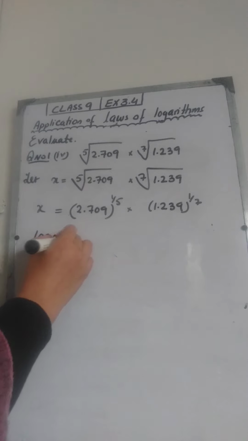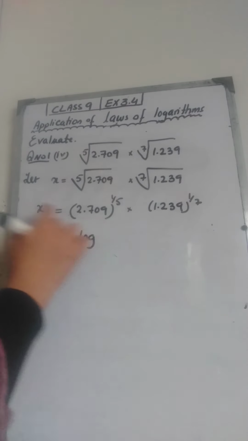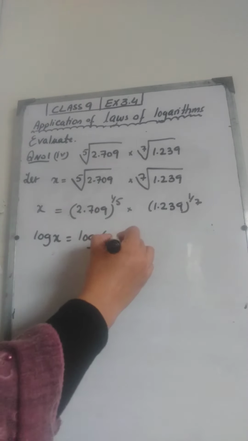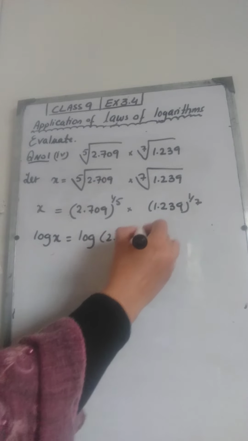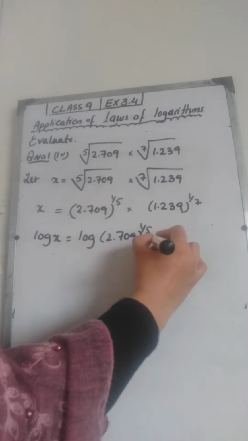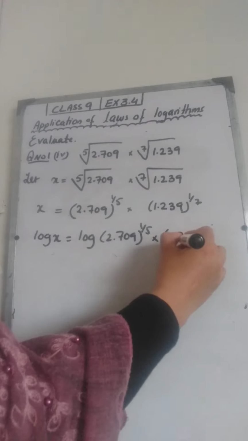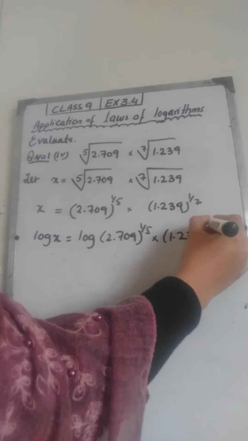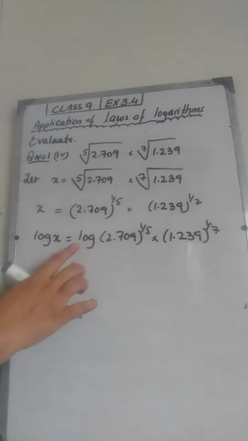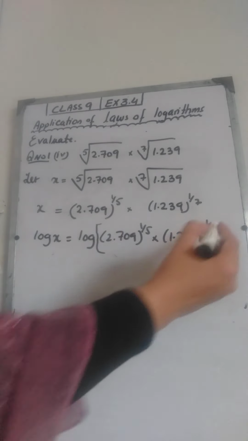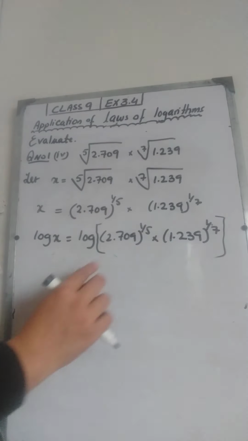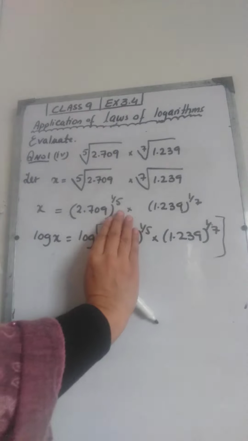log of x is equal to log of 2.709 raised to power 1 over 5 into 1.239 raised to power 1 over 7. Here log is applied to this expression, and we know that this expression involves the product of two numbers.